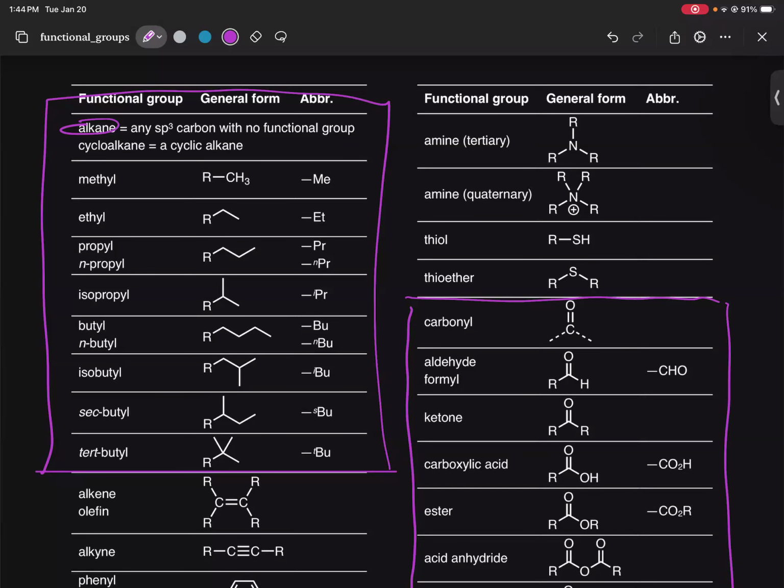And to some extent, you could say that these alkanes that are just carbons with hydrogens attached are functional groups. They're kind of the lack of a functional group. And so I just want you to be able to see these various different kinds of alkane substituents. That's another name for functional groups. So these are some various collections of alkanes that you might see. So they're like the not functional groups.